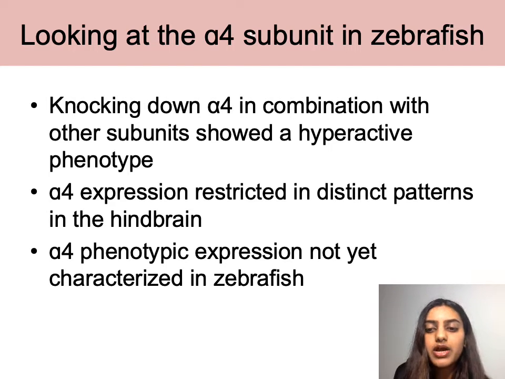Furthermore, the expression of alpha-4 was seen to be in discrete cells throughout the brain, including in the hindbrain. Now, this is a very important part of the brain because it's involved in essential functions like breathing, as well as muscle control in certain areas of the body. Despite how significant alpha-4 seems, its phenotypic expression has not yet been characterized.